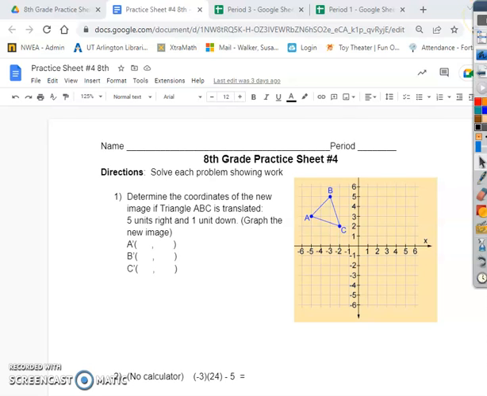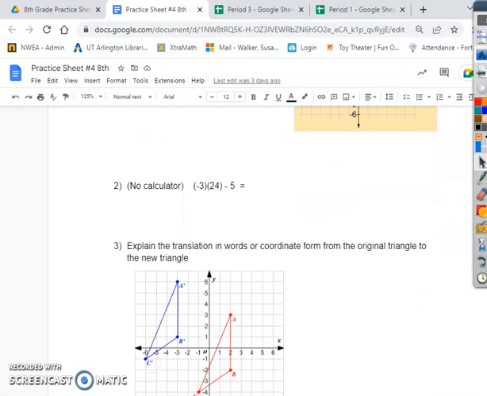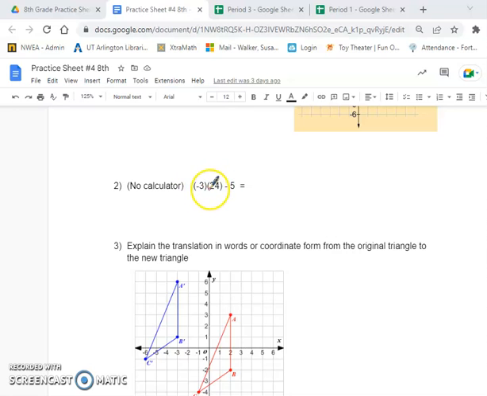Okay. So, because I have a lot of you that didn't have me last year, I'm going to walk through this. This says no calculator, so what I mean is no calculator. Don't use a calculator. So we think of PEMDAS, we do parentheses. Now when this is parentheses, there's nothing to do in the parentheses. Exponents, and then I do multiply, divide. This is multiply, so that's what I do first.